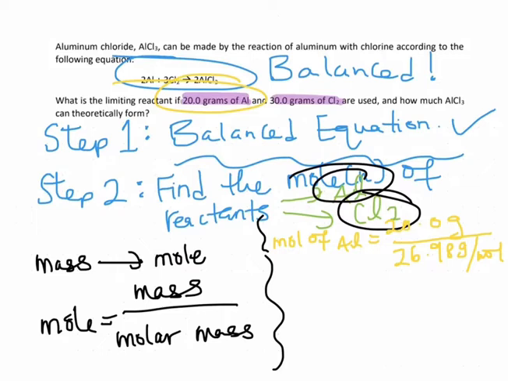And you should be able to get 0.7413 mole. Okay, so that is for aluminium.